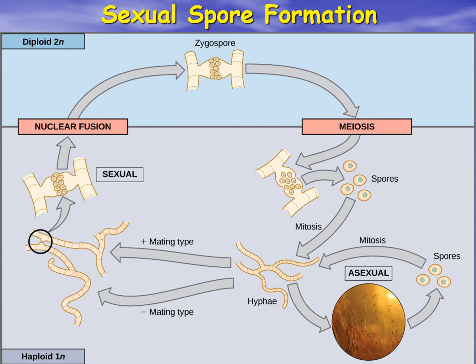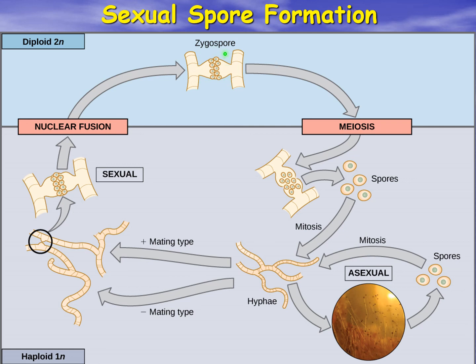And what we'll see is that during sexual reproduction, again, all molds reproduce asexually, so they'll undergo mitosis and produce the asexual spores. But if two types get together, and we simply call them a plus and minus mating type, they can then form a cell by nuclear fusion, to form a diploid cell.